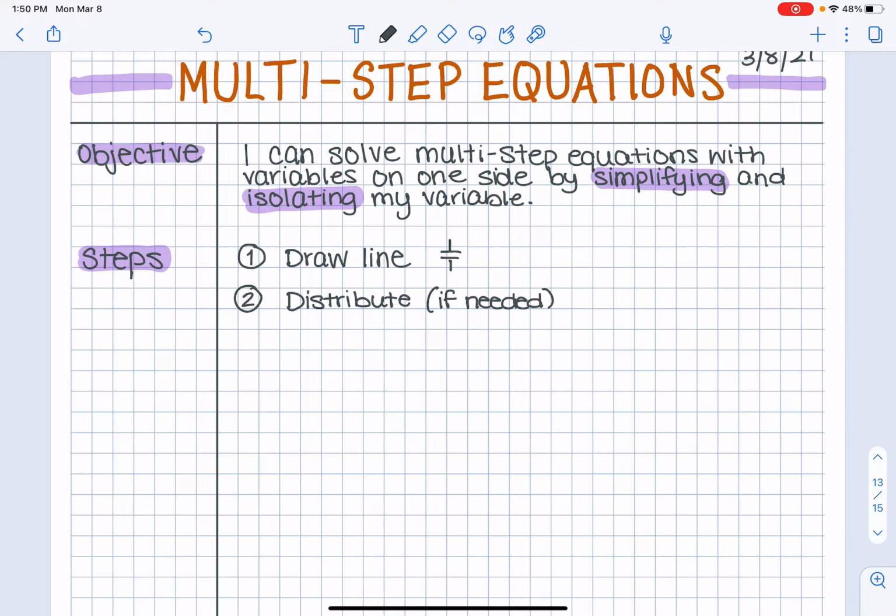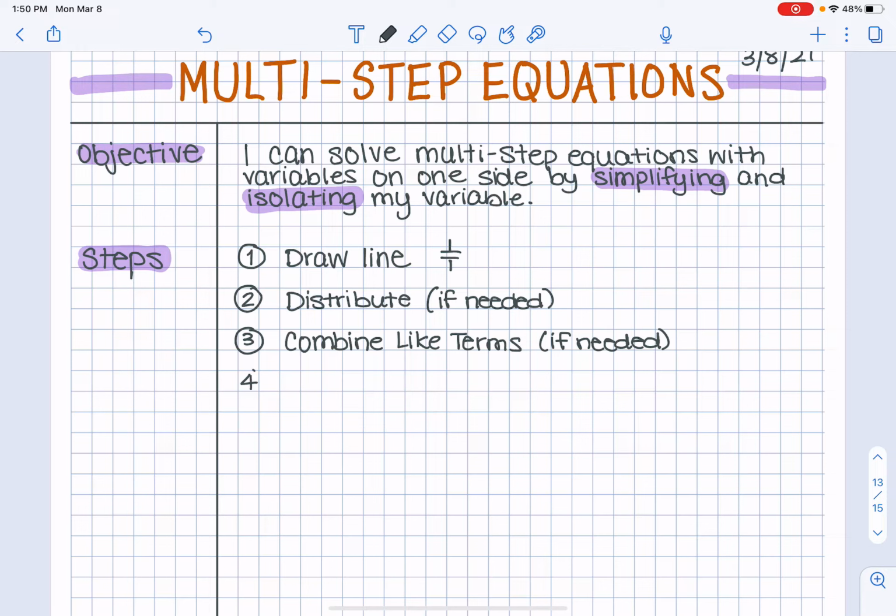Okay? After I use the distributive property, I'm going to look at my equation again, and I'm going to combine like terms if we need to. Only if we need to. Okay?